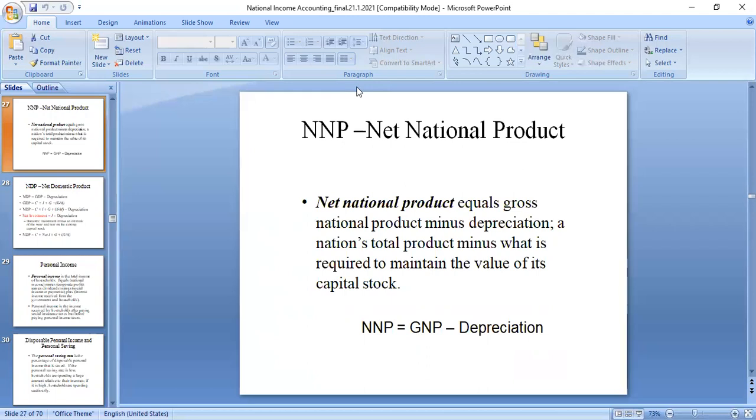Gross national product is the total income or total product of nationals in the country and those outside the country. Yes, total national income.